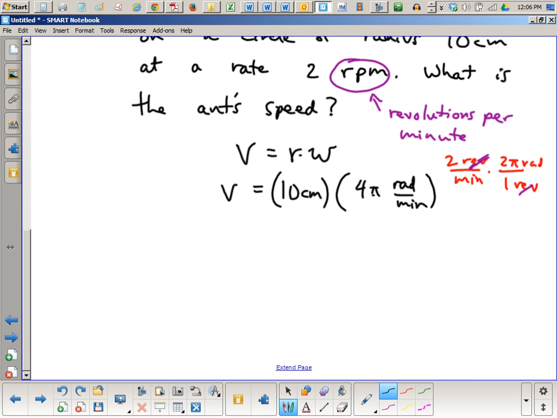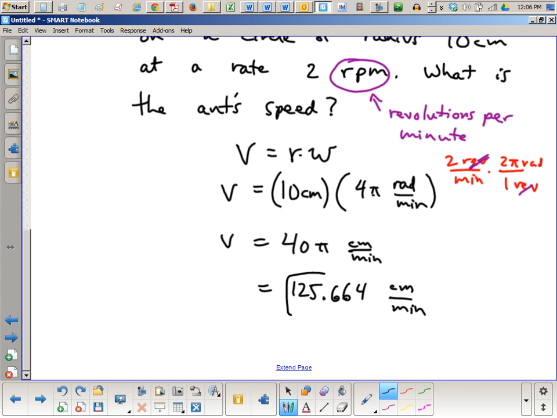So this just turns out to be a speed of 40 pi centimeters per minute. Don't write the radian; it's invisible. You're supposed to ignore it. And 40 pi is 125.664, so we have 125.664 centimeters per minute.